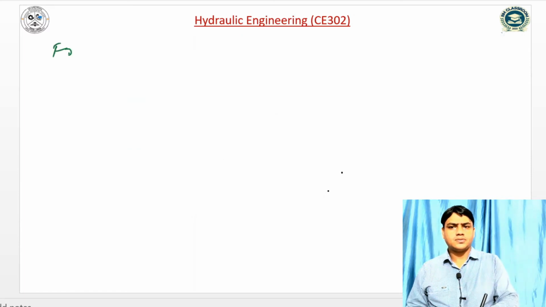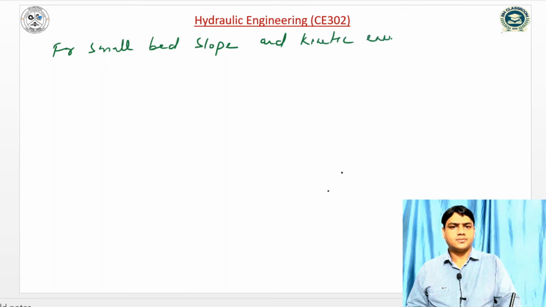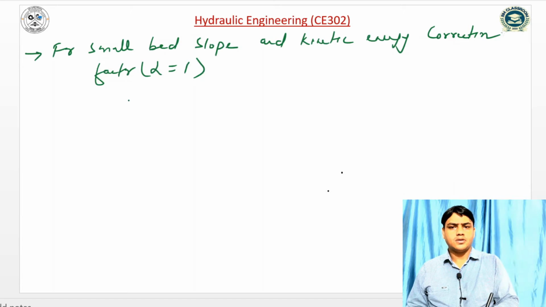For small bed slope and kinetic energy correction factor alpha equal to unity, specific energy can be written as Y plus V square by 2G.